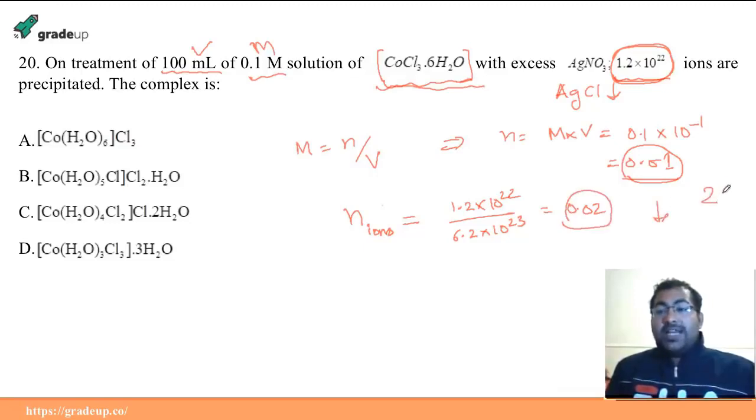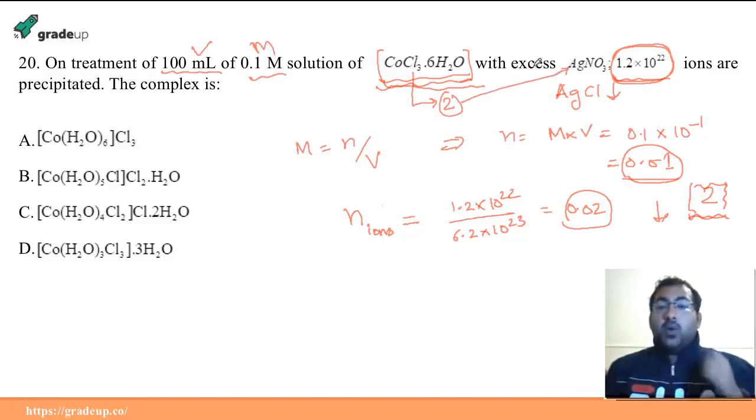So just twice the number is being precipitated. So for every 1 mole of this compound, 2 moles of chlorine are getting extracted. It means out of these 3 chlorines, 2 chlorines will be going to Ag and getting precipitated. So only 1 chlorine will remain directly attached to Co inside the coordination sphere.